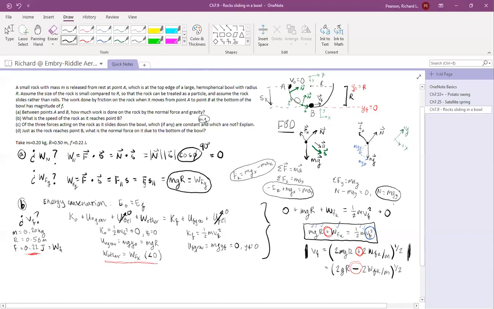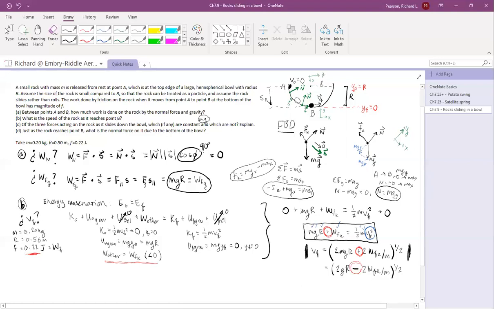So as we go from A to B, the y component of force of gravity goes from essentially 0 to some max, which means that N goes from 0 to some maximum value. So that means our N is changing, so it is not constant.